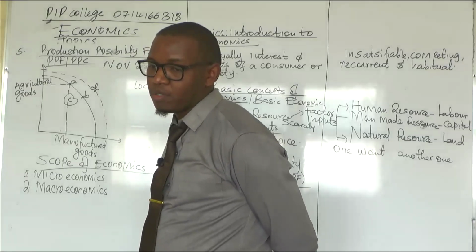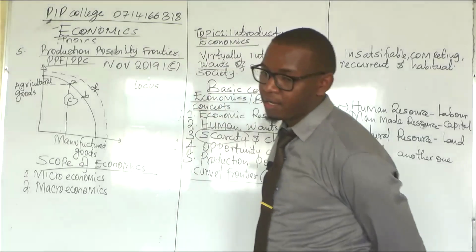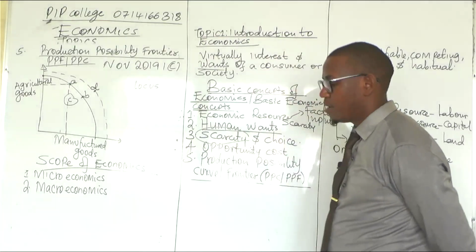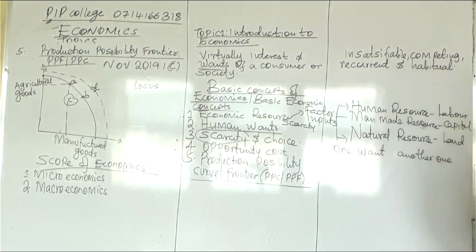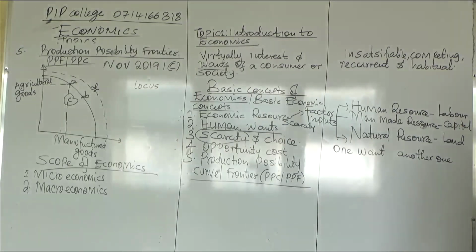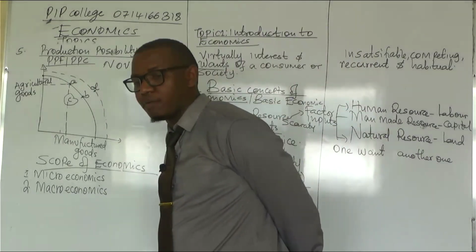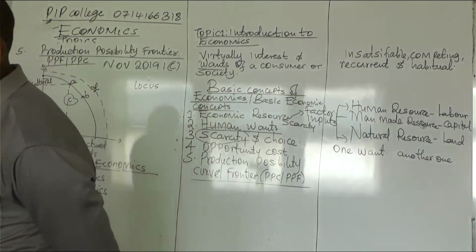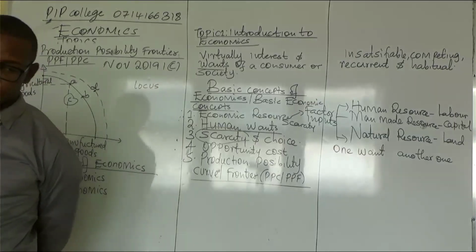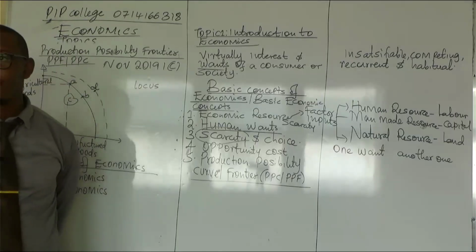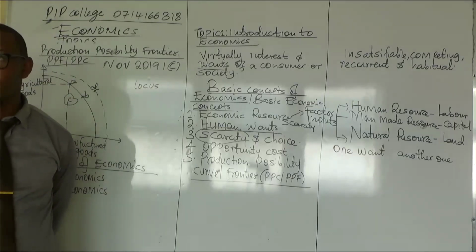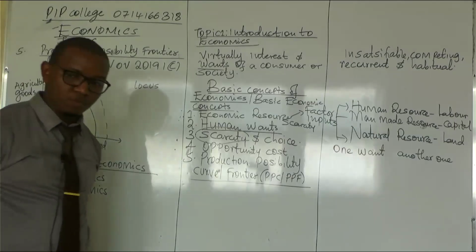Number 1 is microeconomics, and you say it is concerned with the single factors and the effects of individual decisions.